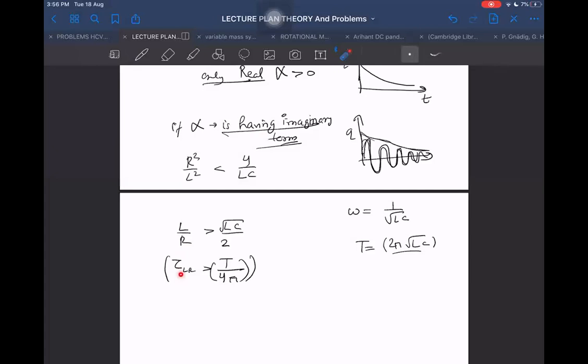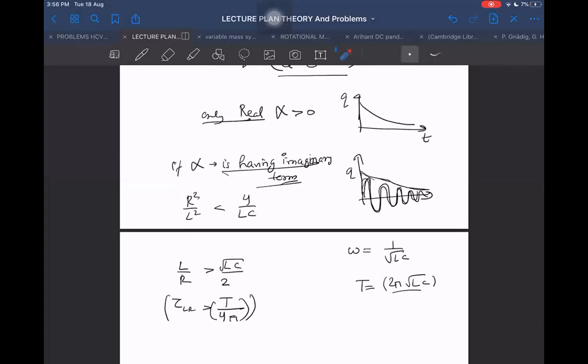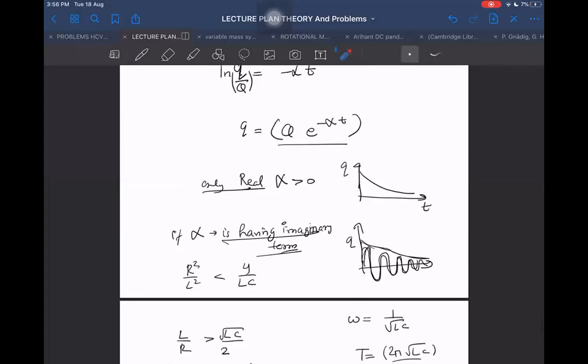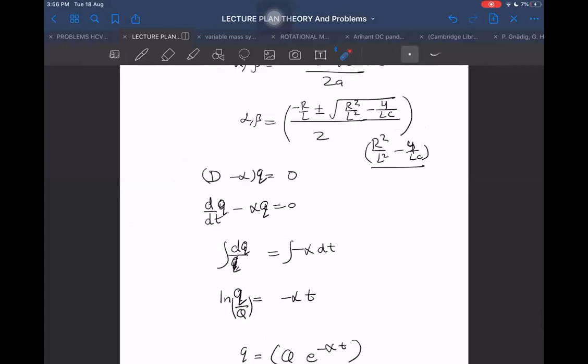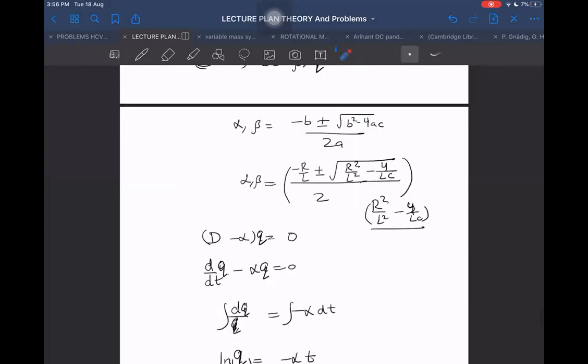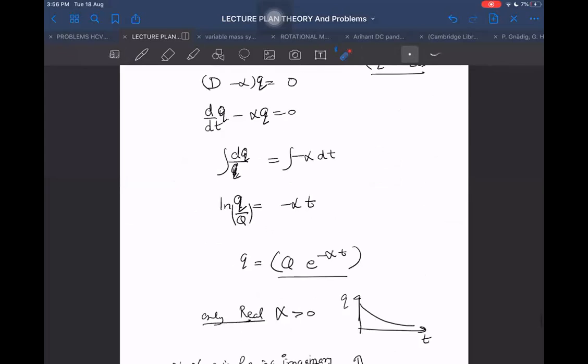Sir, why minus here? We are only getting plus alpha t, but from the equation we are getting plus alpha. Oh, what am I doing here?